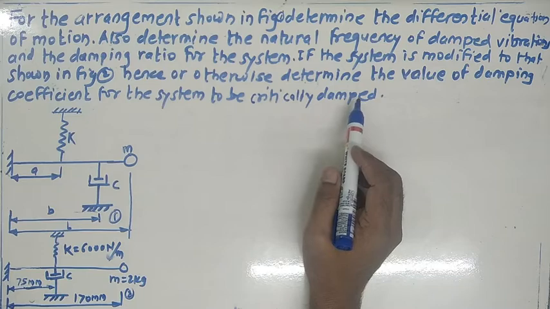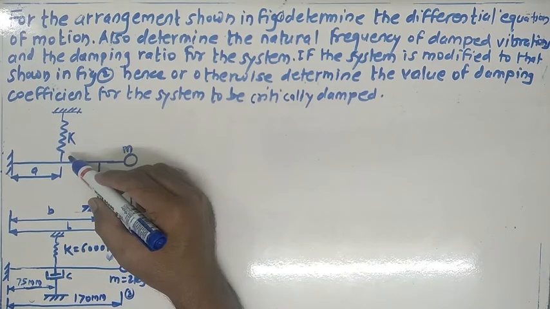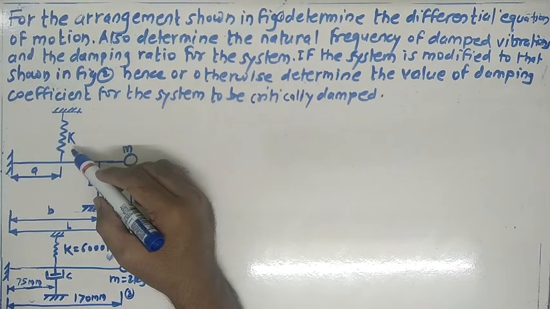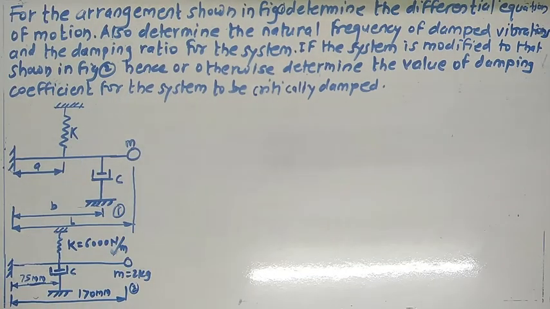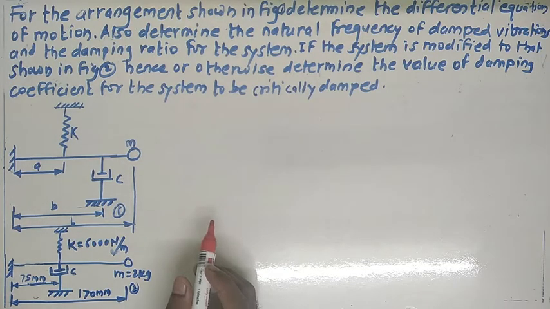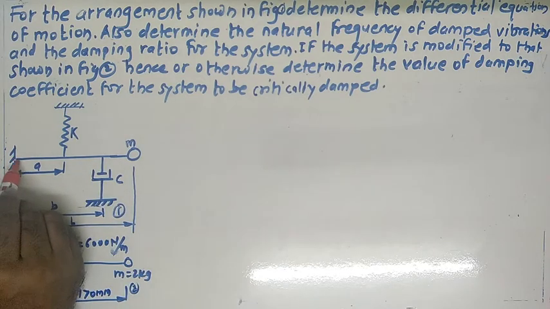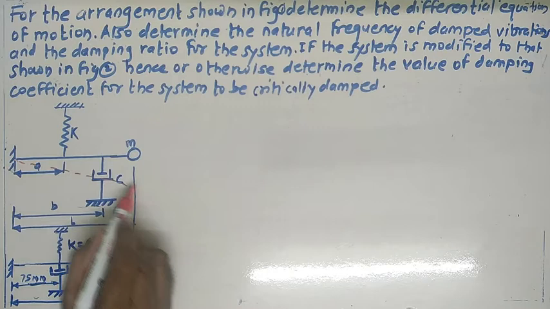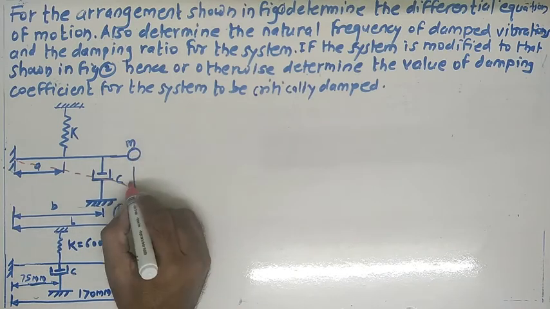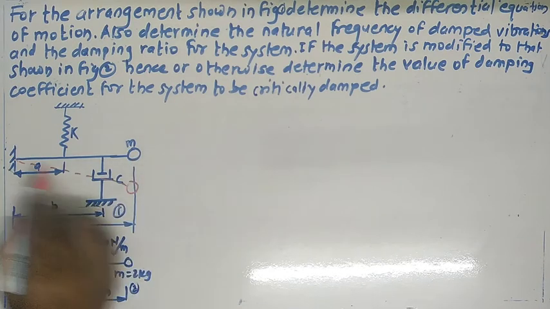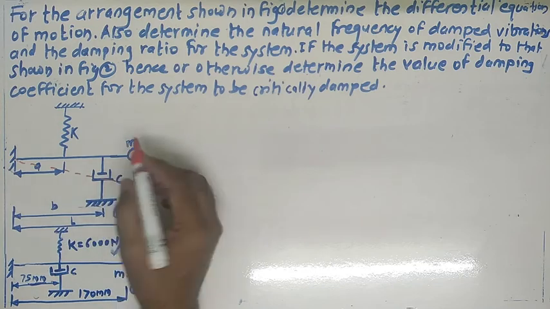So first of all, for the first system given here, we'll draw the free body diagram. Assume that the system is moved in the downward direction. The displacement of this bob will take place like this, so the bob will displace by angle theta.